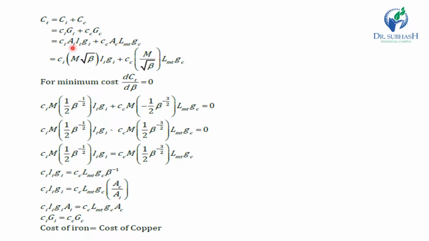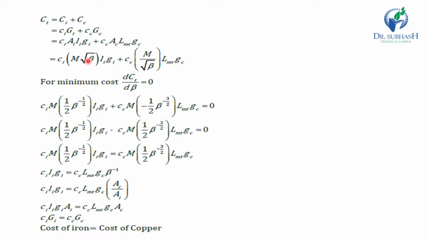Now we put the values of Ai and Ac from the above equation. We get Ct equal to Ci into m upon root beta into Li into gi plus Cc into m root beta into Lmt into gc. For minimum cost, we have to differentiate this total cost with the variable quantity, which here is beta.